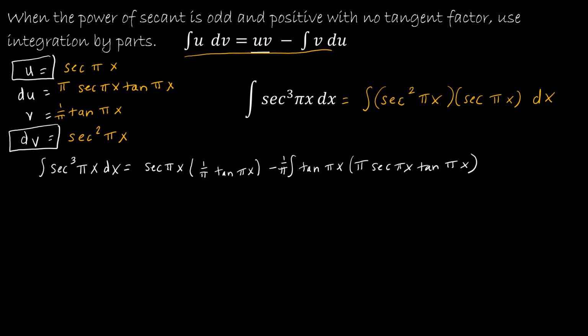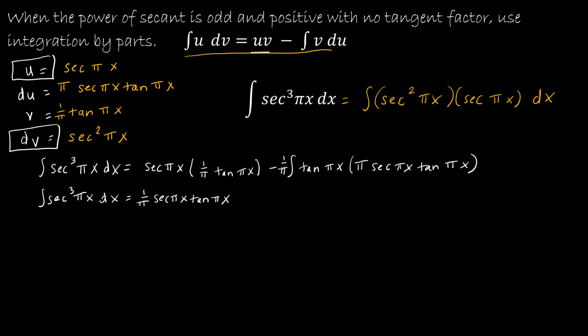Again, let's just simplify what we can. So I'm going to keep my secant cubed pi x dx on the left side. On the right side, there's not much I can do here except for just write it as 1 over pi secant pi x tangent pi x.